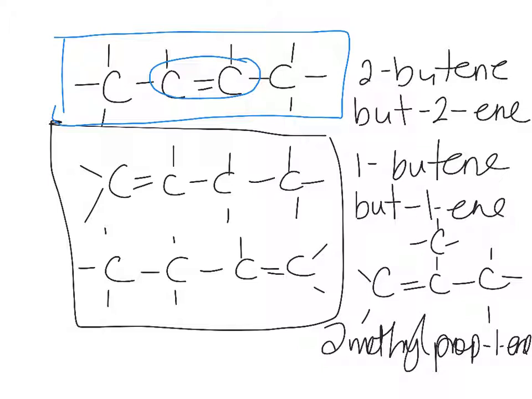This one does not have a geometric isomer because the first carbon is bonded to the same two atoms. You can have geometric isomers if the carbons at the double bond are each bonded to two different things. This one is bonded to two H's, so it's not. This is an H and a methyl, and this is an H and a methyl. So this one has a geometric isomer. Technically, there's another isomer.